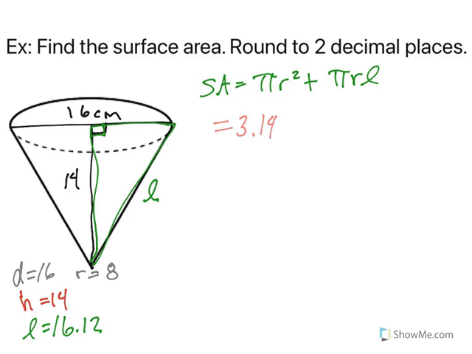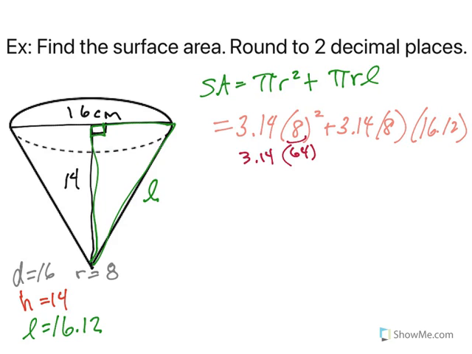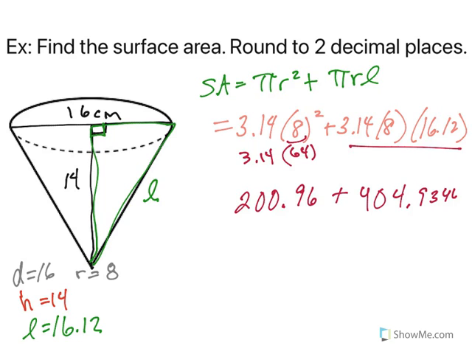So pi times the radius of 8 squared plus pi times the radius of 8 times the slant height of 16.12. Again, 8 squared is 64, times pi gives me roughly 200.96. And then pi times 8 times 16.12 gives me 404.9344.